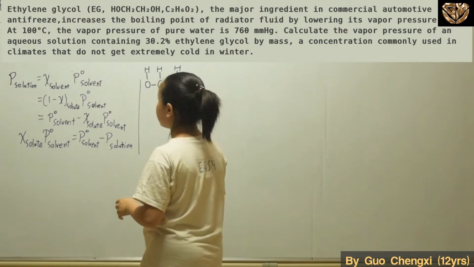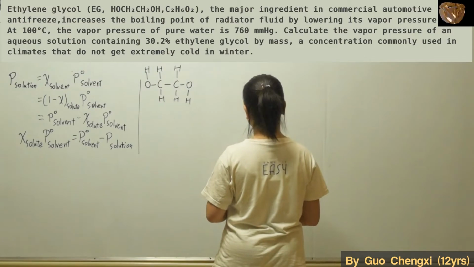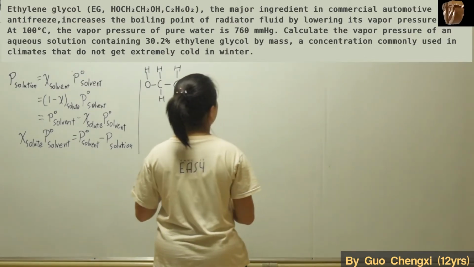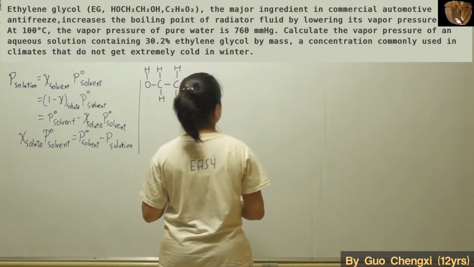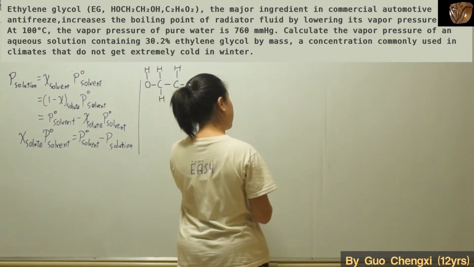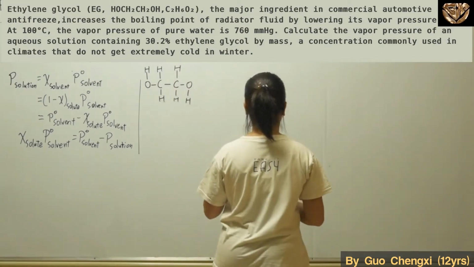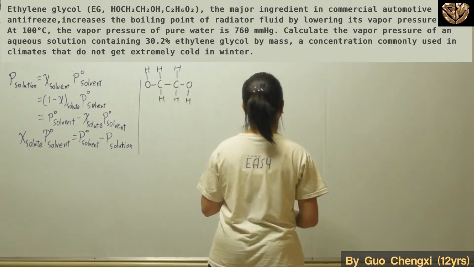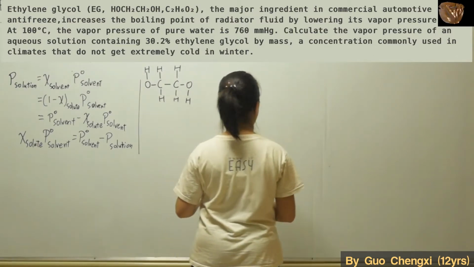So now what we have to do here is calculate the vapor pressure of an aqueous solution. Aqueous solution means, as we have studied in past lessons, that H2O is the solvent, with ethylene glycol at 30.2% by mass and the pure water at 69.8% by mass, okay?